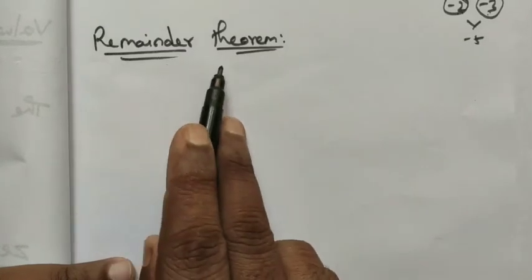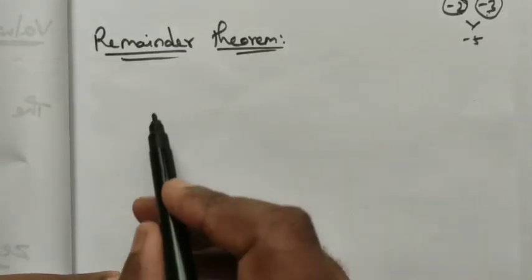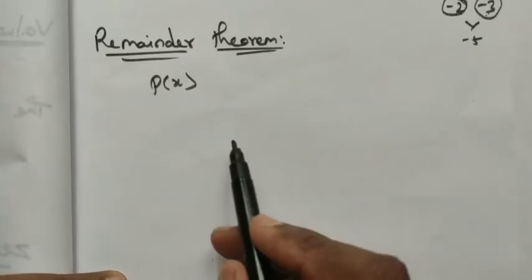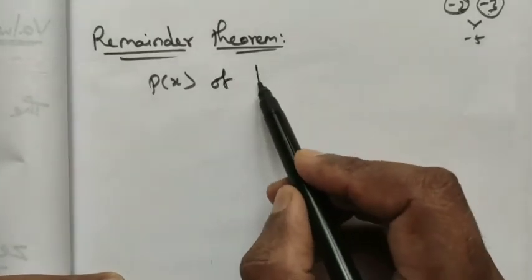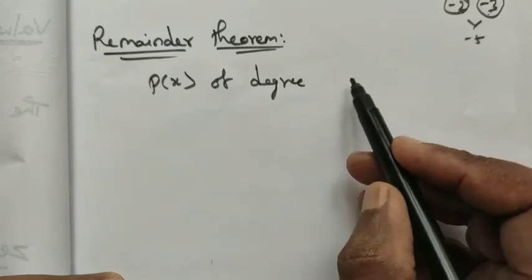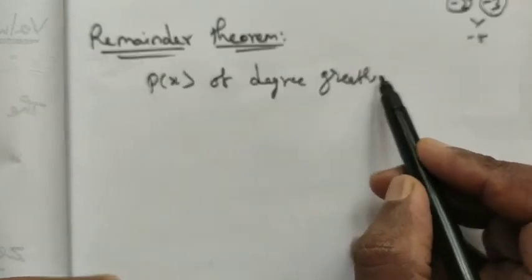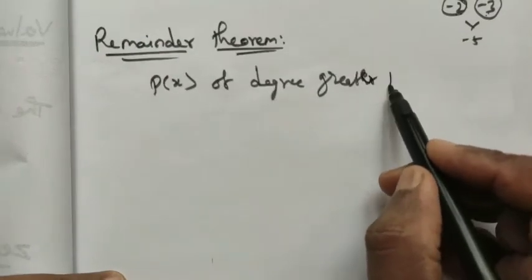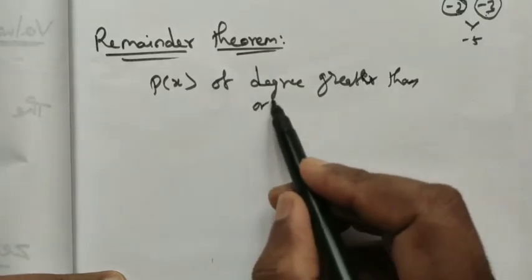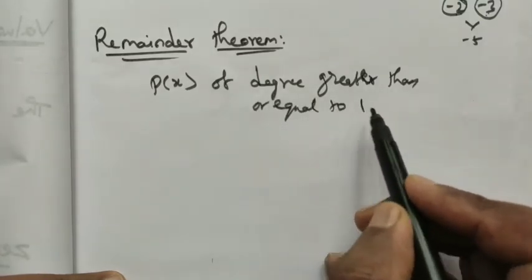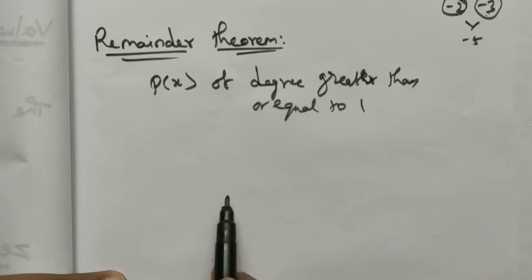Next we see the remainder theorem. Here the polynomial p of x, of degree greater than or equal to 1, that is the condition.